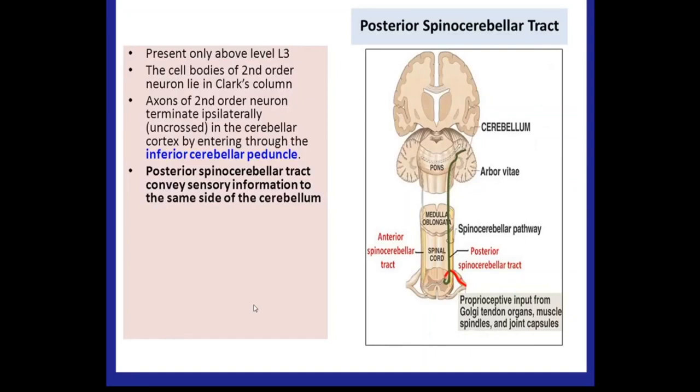Let's revise the anatomy of ascending and descending tracts. We know there are two ascending tracts. The posterior spinocerebellar tract, or Flechsig's tract.